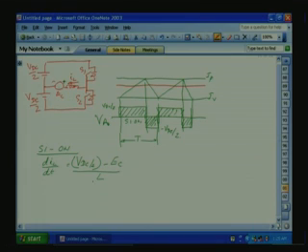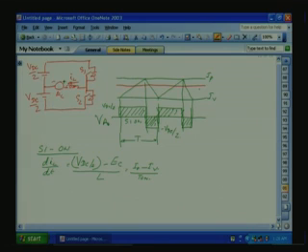Now, from this one, this is also equal to, what is dIL? dIL is equal to IP minus IV divided by T on, S1 on. What is IP minus IV?